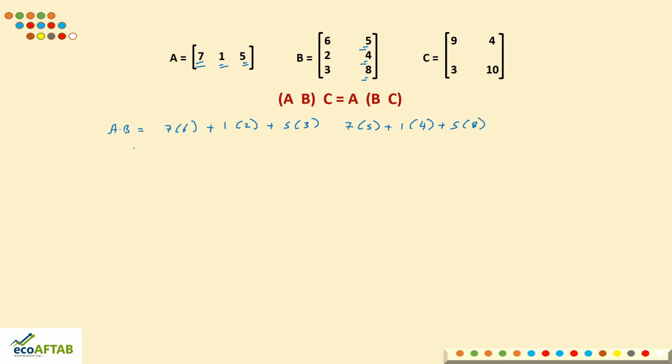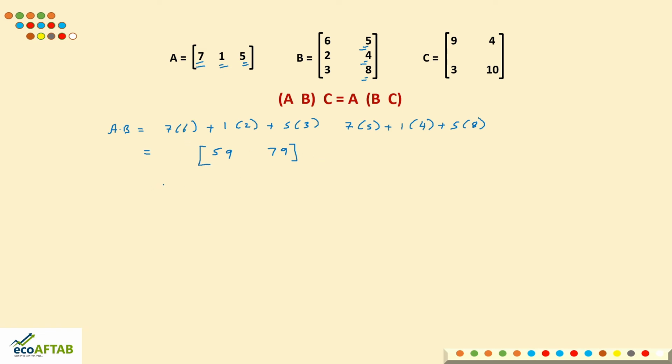So with this, what we are going to get is 7 into 6 plus 1 into 2 plus 5 into 3. So here we are going to get 59, and here this value will be 79. So this is the new matrix.